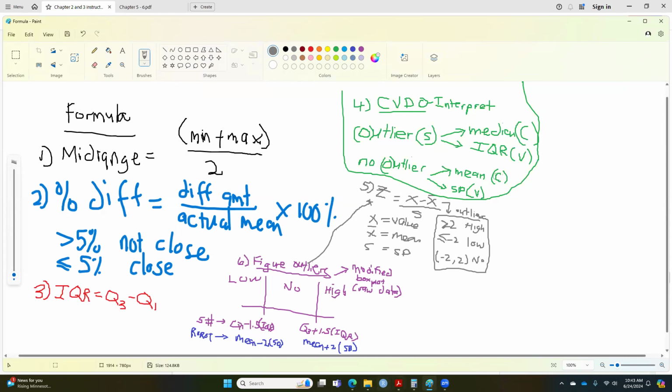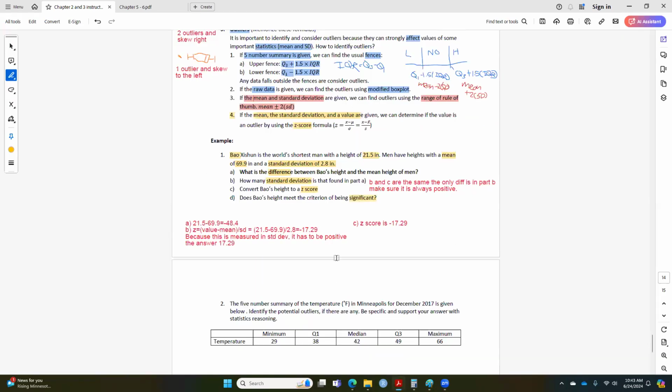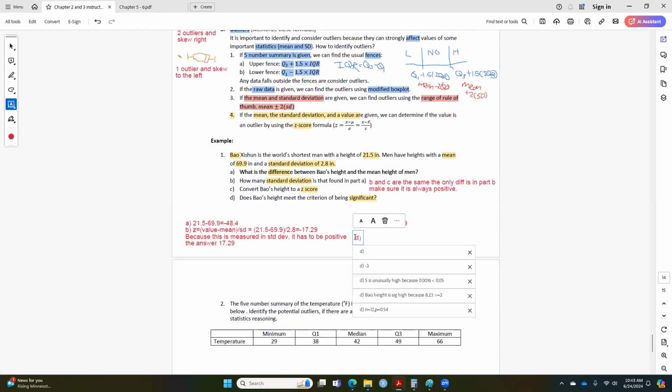So definitely it is a significantly low value. So the answer in this case is yes. His z-score is way below negative 2, so it is significantly low.